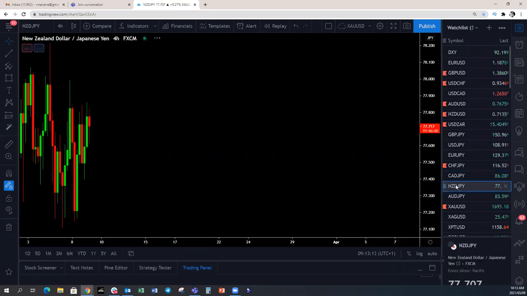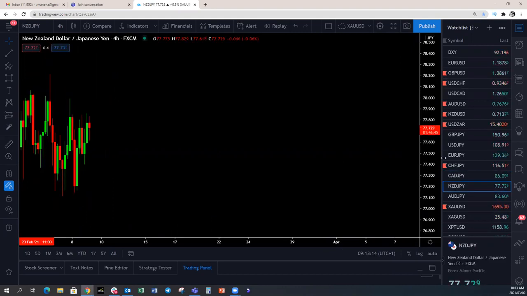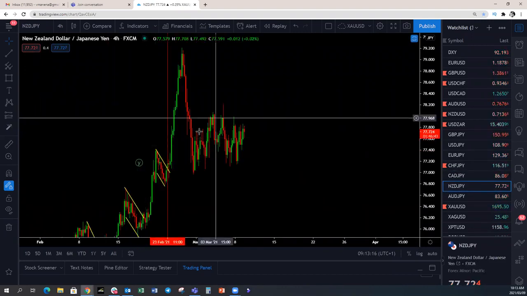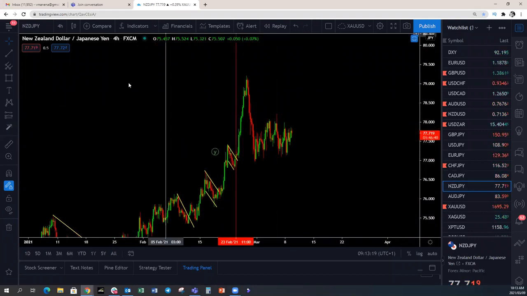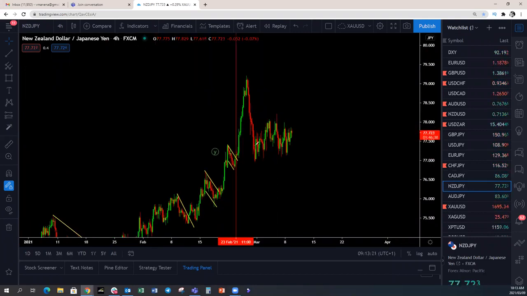New Zealand. If you look at this, we've had this strong impulsive move to the downside. We have this 1, 2, 3 up, 1, 2, 3 down. Could make another 1, 2, 3 up here before we get a move to the downside.